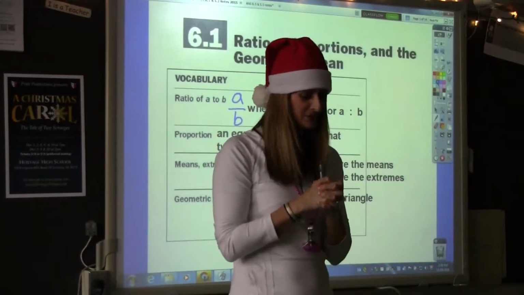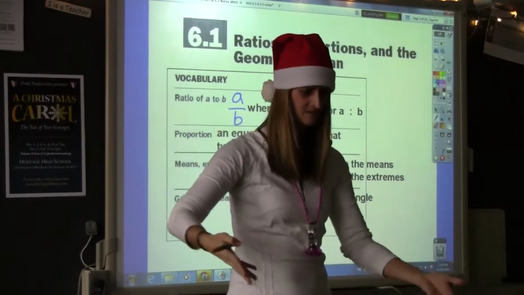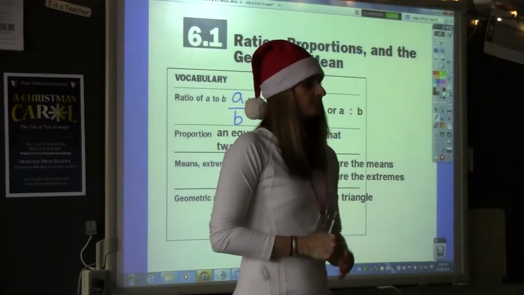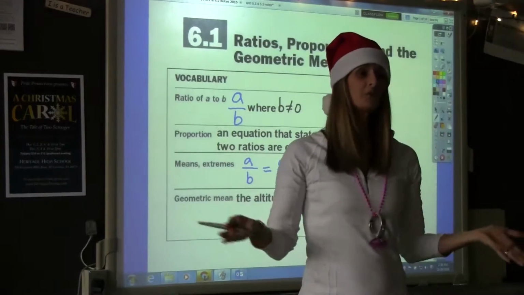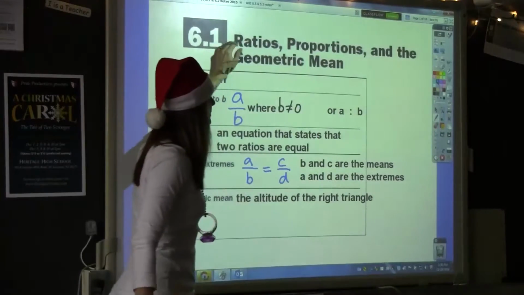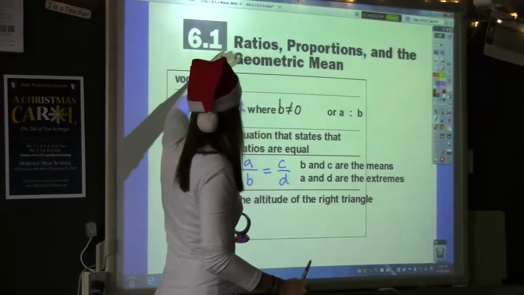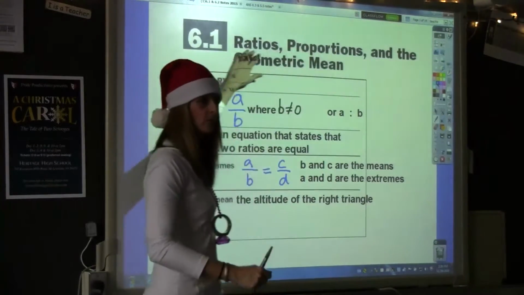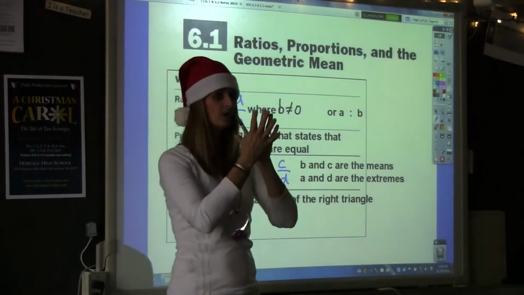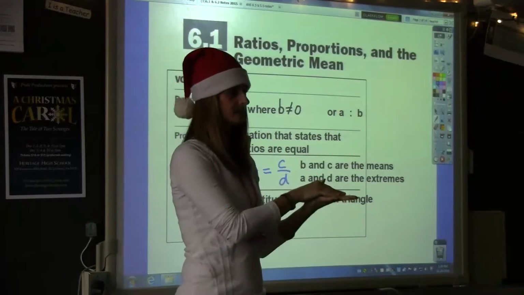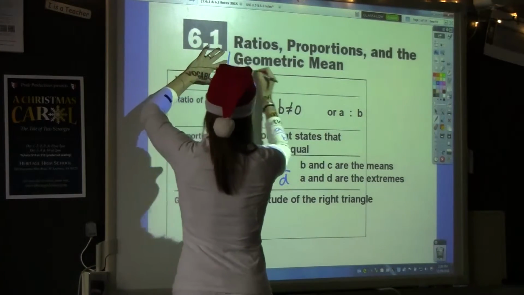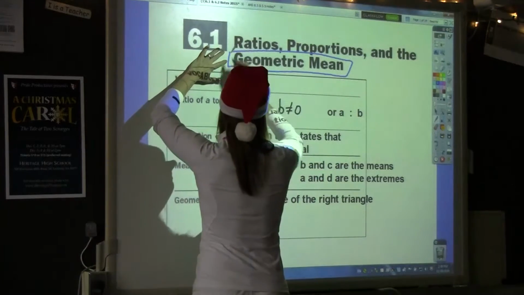When we're working with proportions, we got to start with ratios. So that's where we're starting today, okay? With ratios, proportions, and I'm actually going to save this part of the notes from section 6.1 for next class. So this packet is actually for this class and for next class, okay? So we're going to save this for next time, right?